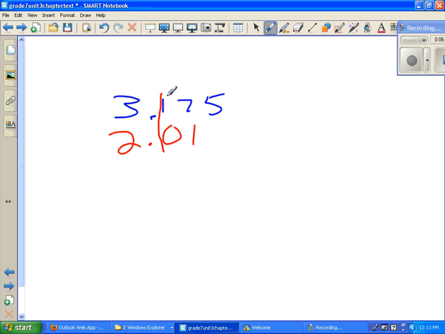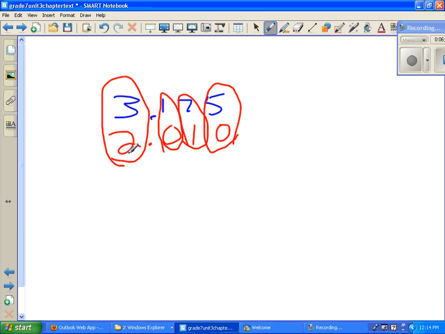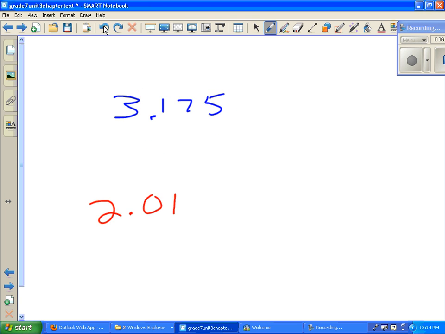So this one's in line with this one, this one's in line with this one, this one's in line with nothing because there's nothing there, so we put a 0 there. And then, of course, this one's in line with this one. So you line up the decimals. That's the most important part. So I'm going to do that and add my 0 at the end.